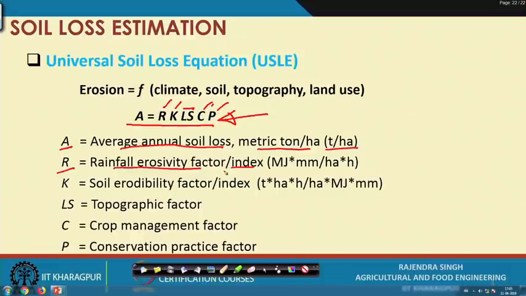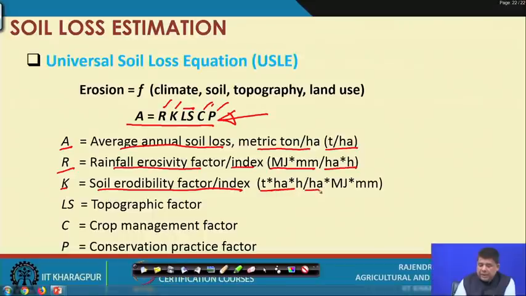The unit used here is million joules millimeter per hectare hour. K is the soil erodibility factor or index, and the unit is tons hectare hour per hectare megajoules millimeter, and because of the interrelationship of the terminologies, these kinds of units are being used here.